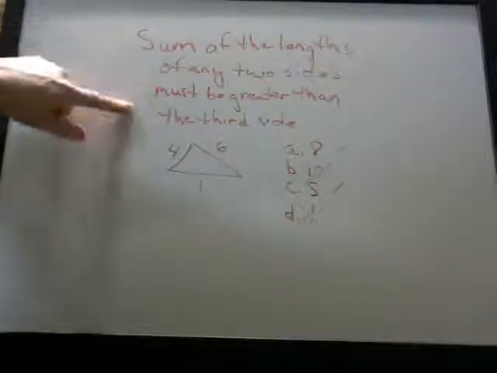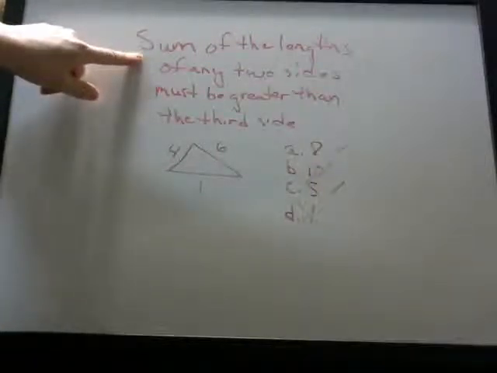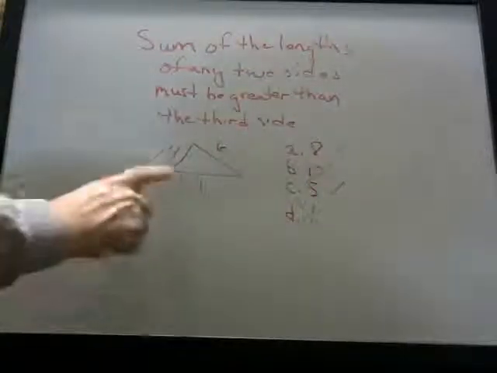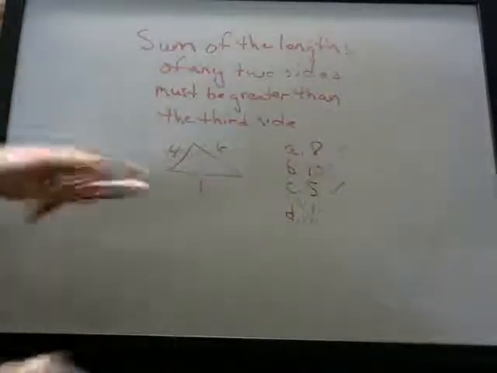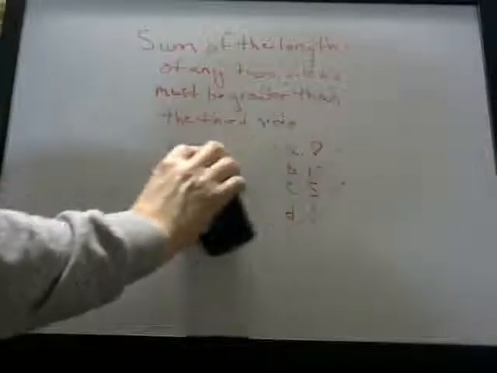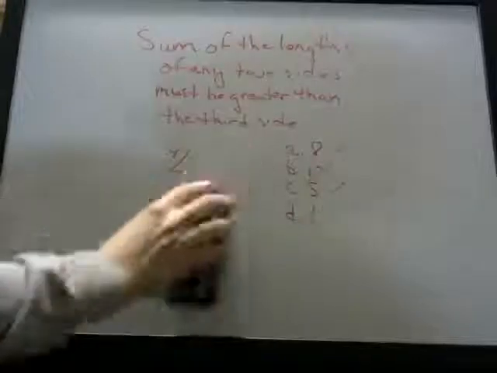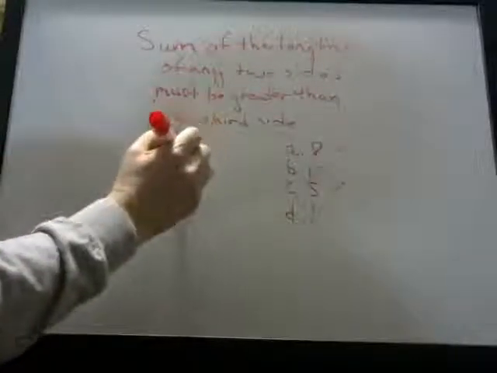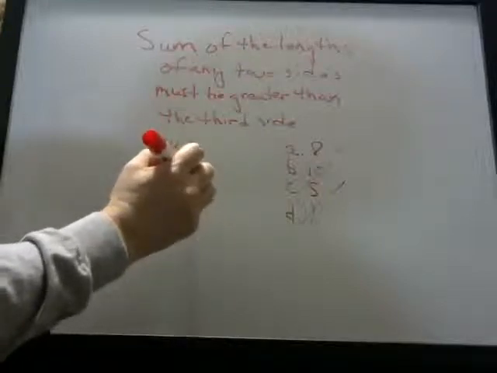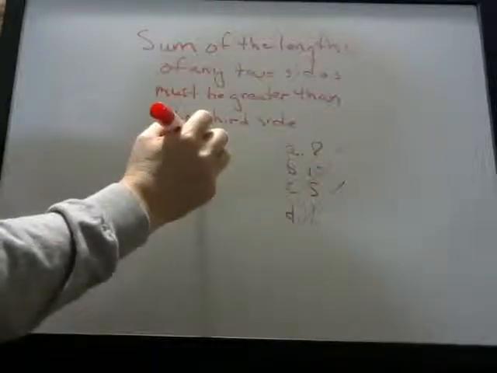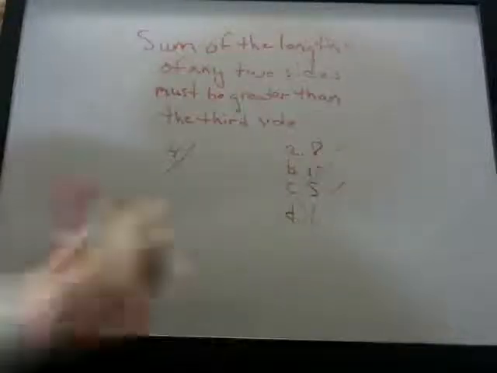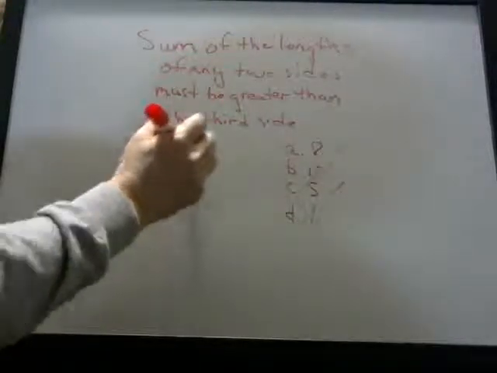So this is something that you'll want to remember. The sum of the lengths of any two sides must be greater than the third side. And the reason is, let's say we had two sides, 4 and 1. Realistically, if this was 6, I don't know how to draw this, it would not be able to reach, is the problem.